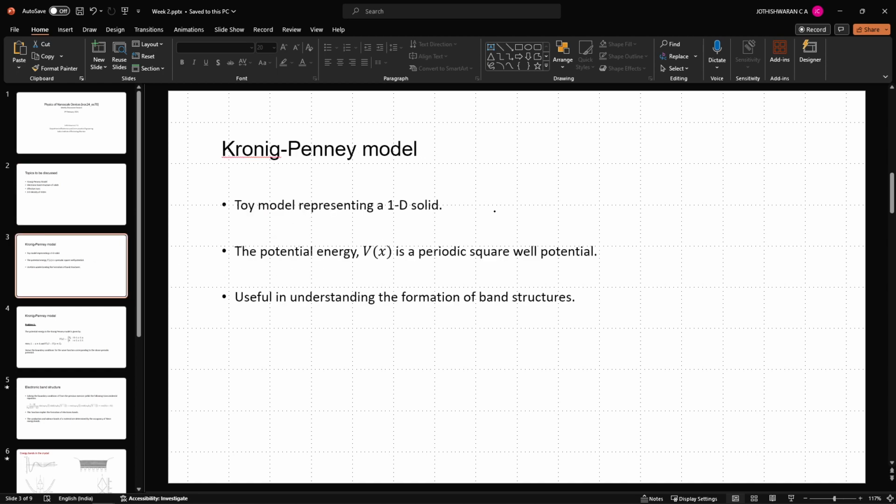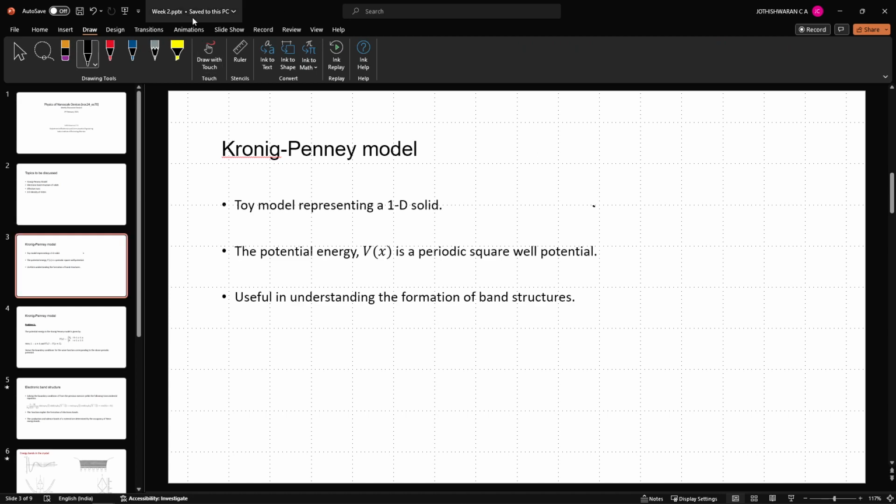So first, let us begin with the Kronig-Penney model. The Kronig-Penney model is a toy model that represents a one-dimensional solid in that we have, let me just pick a right color here.